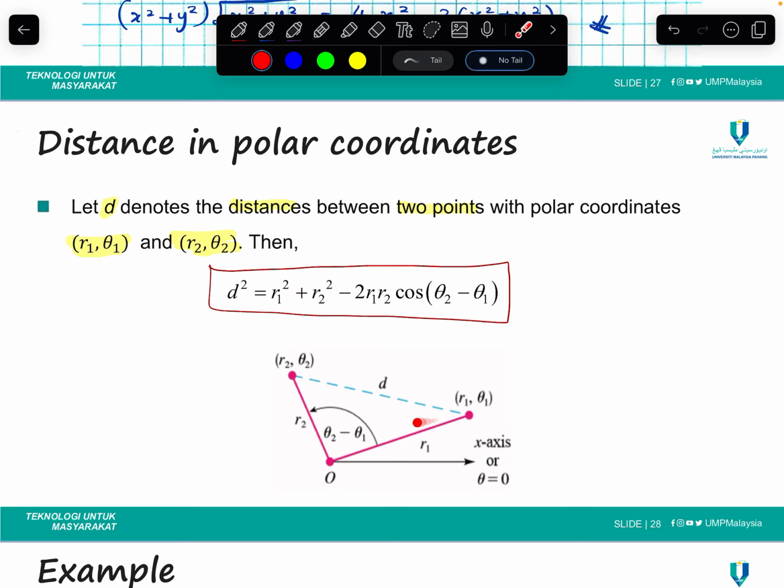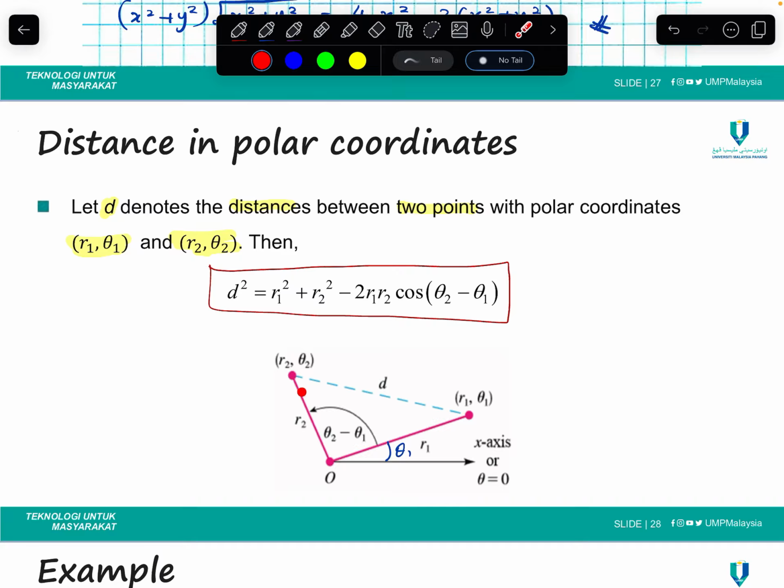Okay, why do we have cosine law? Look, the first point is R1 theta 1. Okay, this point. The distance from the pole is R1 and the amount of direction is theta 1. Here is theta 1. The next point, the coordinate is R2 theta 2.